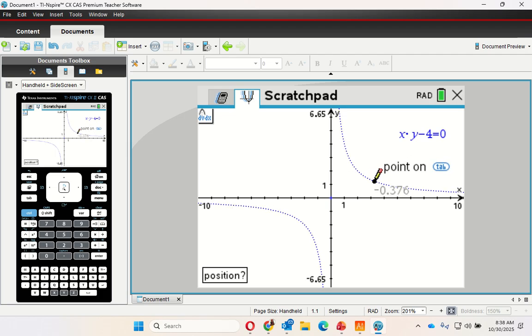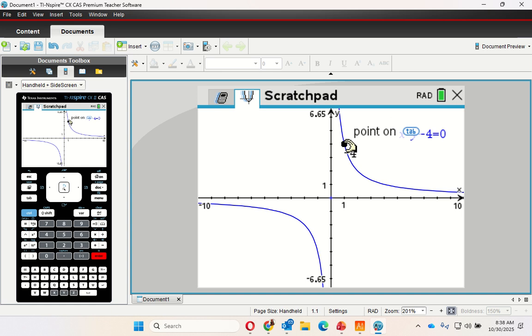Let's say 1, 4. So I get a coordinate on that one right there. It's going to give me a slope of negative 4 at that point. So I'd also have to look at my x and my y at the same time.